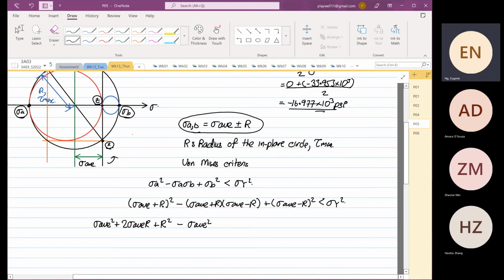If you multiply this, you will have plus R squared. And then you will have plus stress average squared minus 2 stress average R. Then the last one is plus R squared.